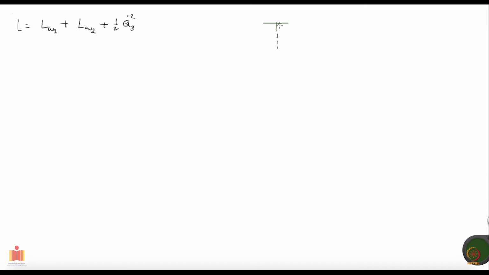Let's say I have two pendulums, one which corresponds to the coordinate q1 and has frequency omega 1, which is square root of lambda 1, and then you have another harmonic oscillator described by your normal coordinate q2, and this pendulum has frequency omega 2.